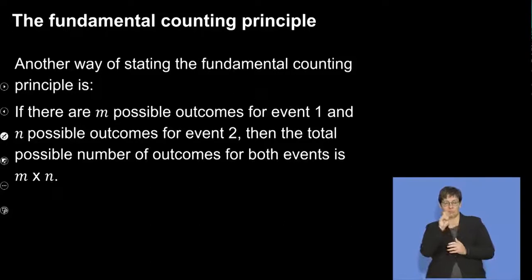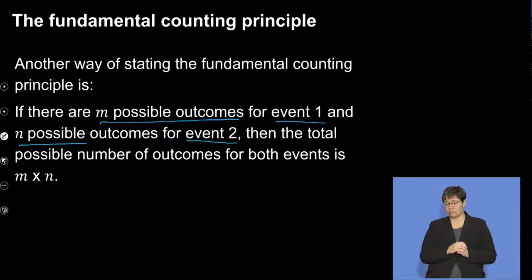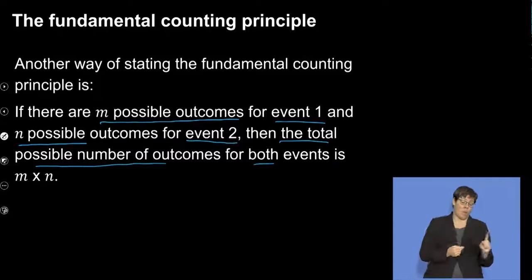Now, let's look at this. Another way of stating the fundamental counting principle is this. If there are m possible outcomes for event A, and n possible outcomes for event B, then the total possible outcomes for both events is m times n.